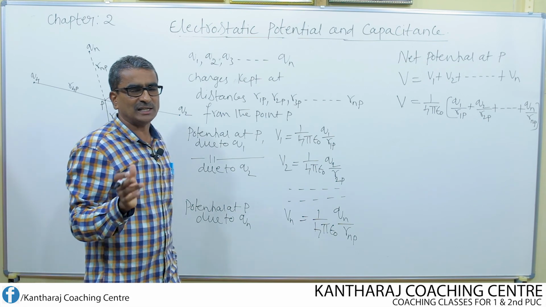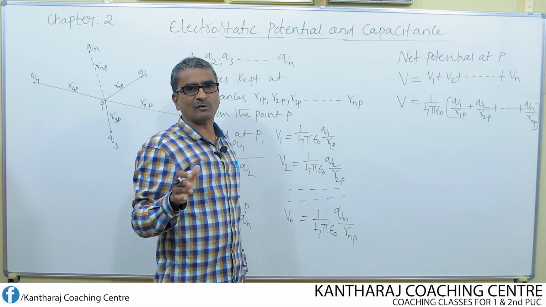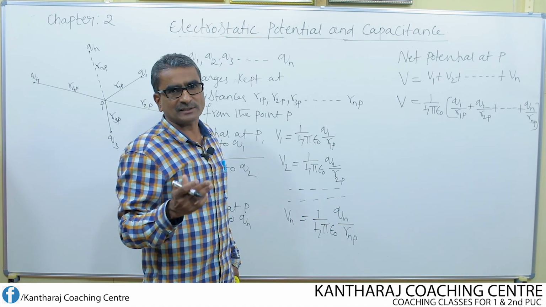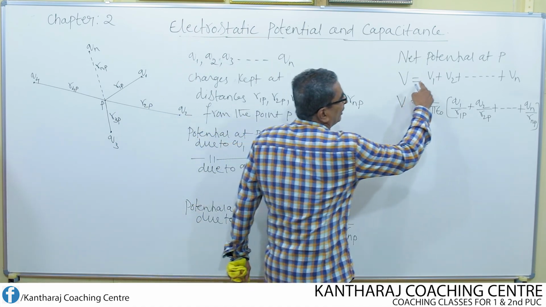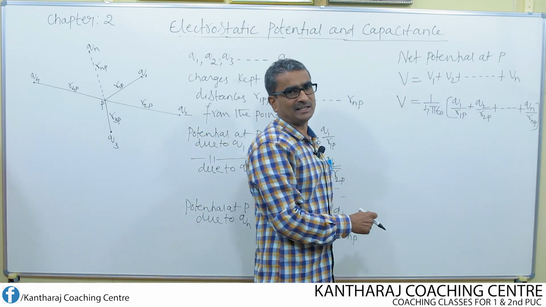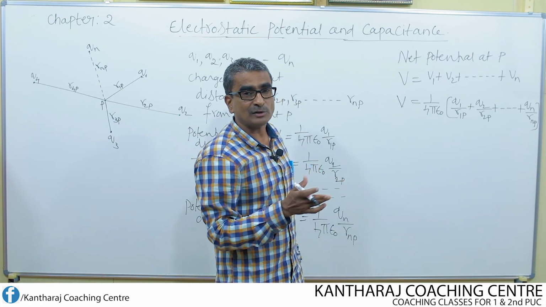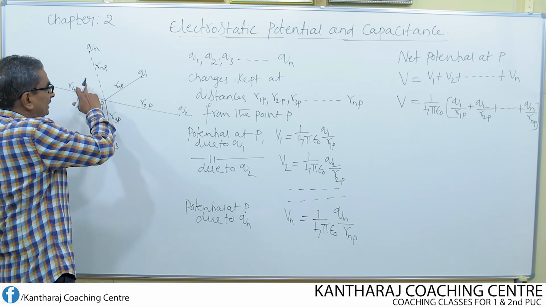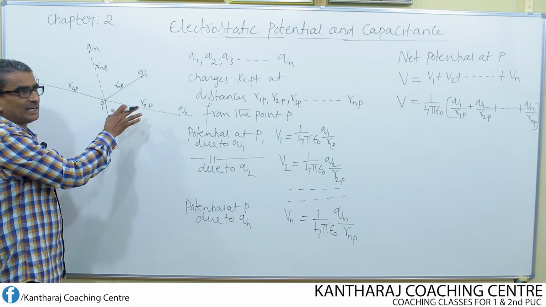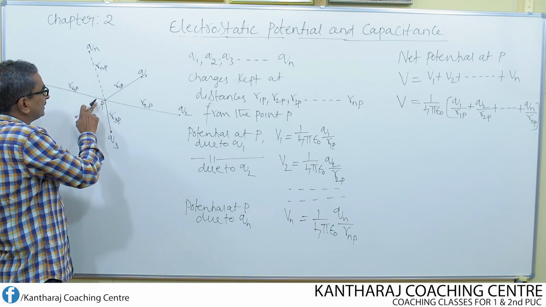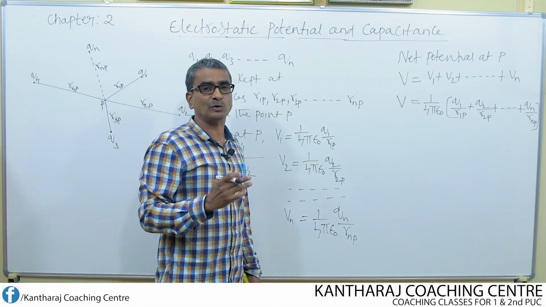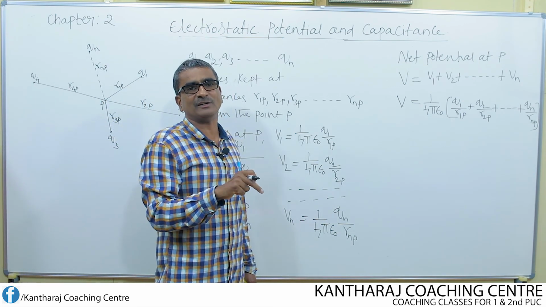Since potential is a scalar quantity, finding out the net potential is easy because we can simply add all the potentials algebraically. But if I want to find the electric field due to all these charges at the point P, then I have to follow the vector rules because electric field is a vector.